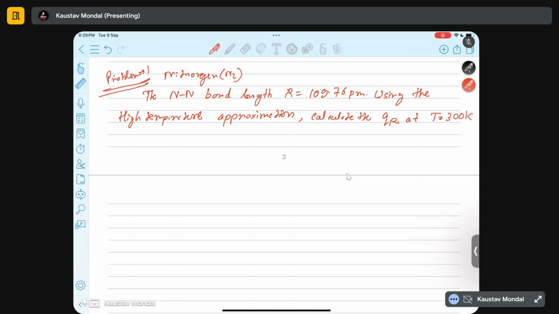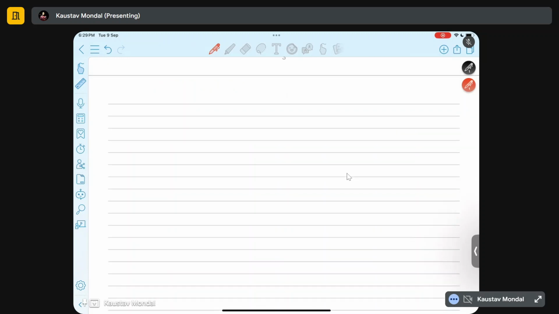Now here, we know the expression of the Q rotational, right? So QR looks like this: 8 pi square I kT by sigma h square, where I is mu r square, the moment of inertia, and mu is simply m1 into m2 divided by m1 plus m2.